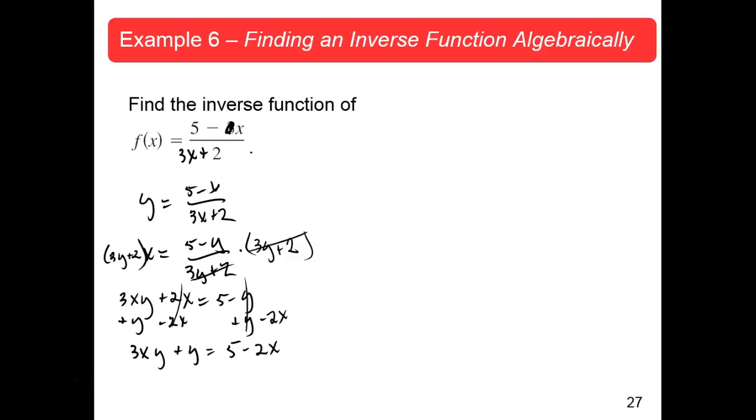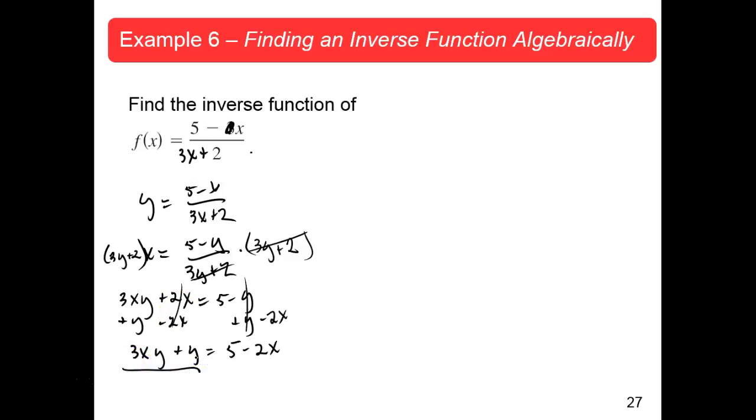What's the goal? Get y by itself. How can we do it here? What's the F word? Factor. All right, I'm glad you remembered that one. Okay. And what would that be? I'm going to move it up here. What's the common factor in the left-hand side? That's why we did it this way.